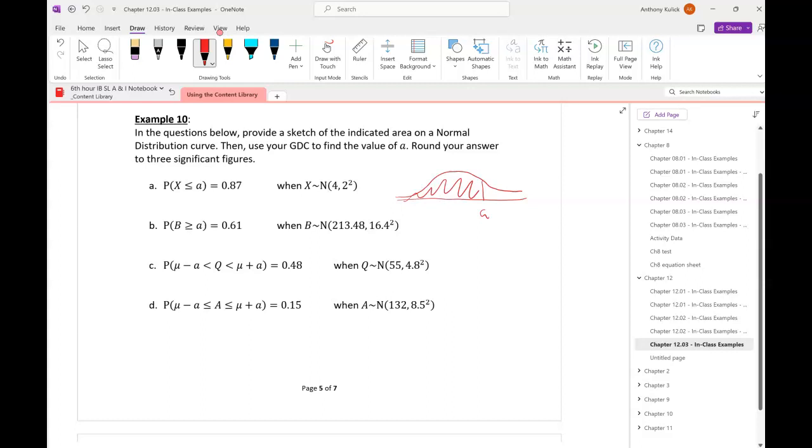So that's like what our picture would have looked like. What is this? This is 12.3. 12.3.